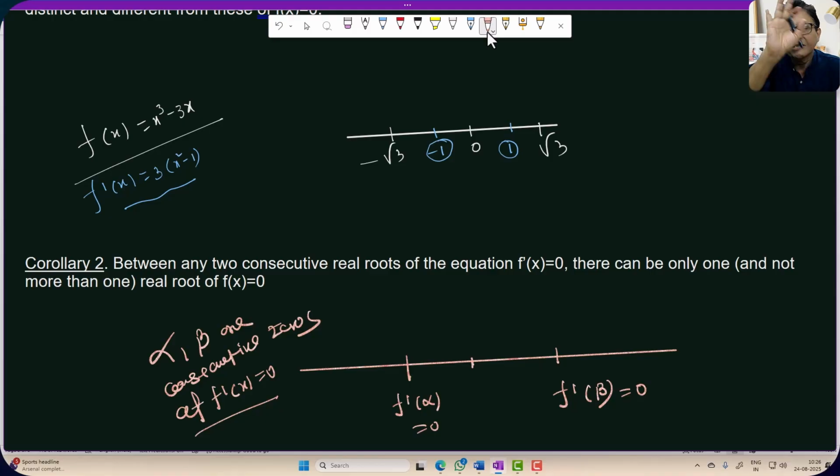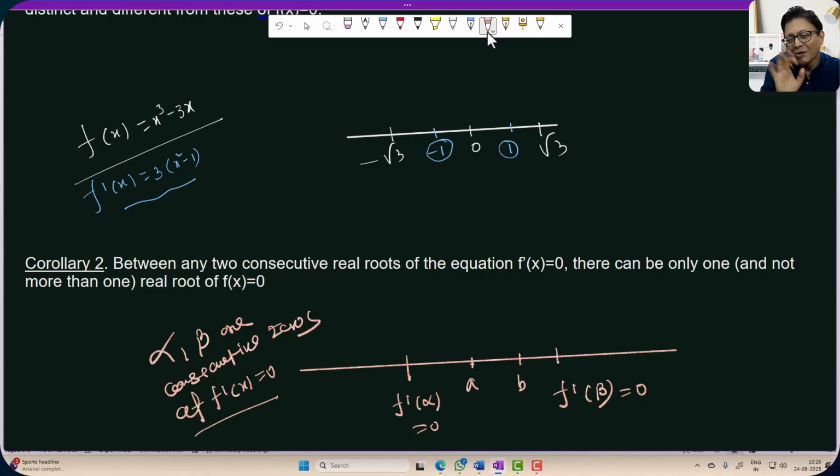And the corollary states that there will be only one root, say a, for f x equal to 0. Now you are assuming that there is a root at b also. Corollary states that there is only one root. You assume that there are two roots a and b.